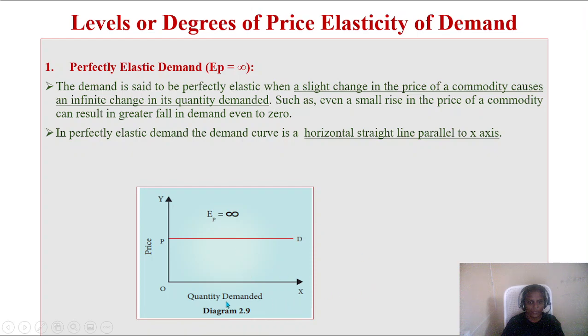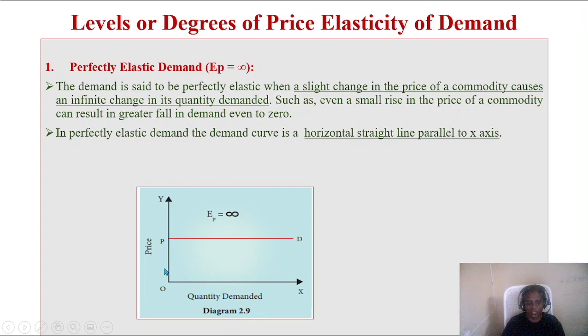See the diagram: we take quantity demanded on the x-axis and price on the y-axis. Suppose the price level of a commodity is from 0 to p; the quantity demanded may be q1, q2 or q3, depending upon the income of the consumer.